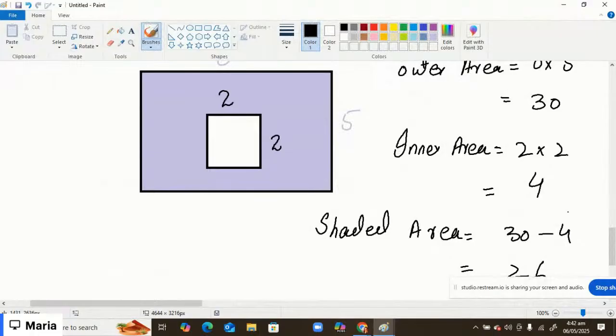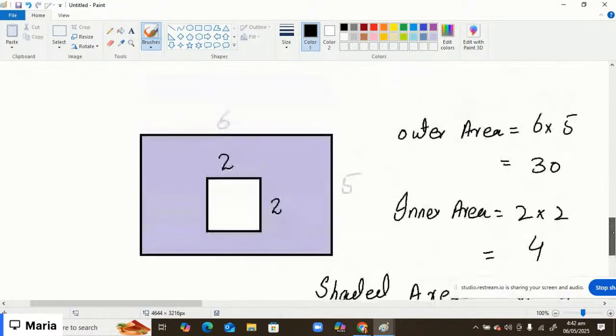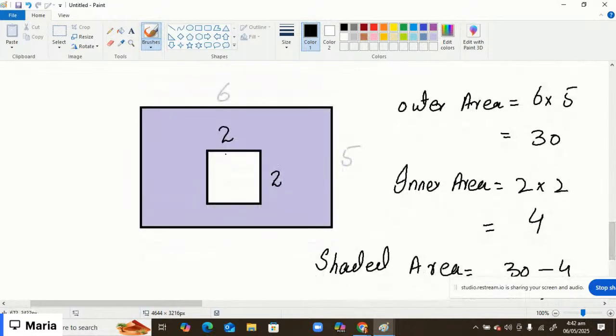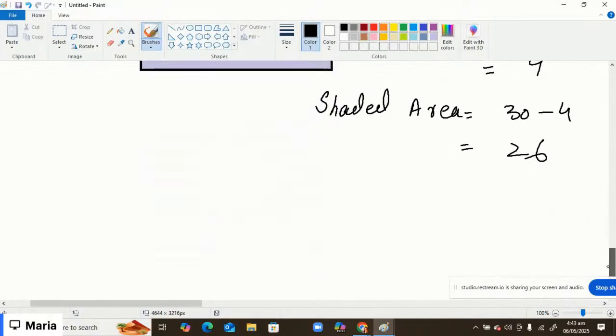First the outer numbers are multiplied, then the inside numbers are multiplied, and if they ask to find the shaded region, you subtract. In this way we find that area.